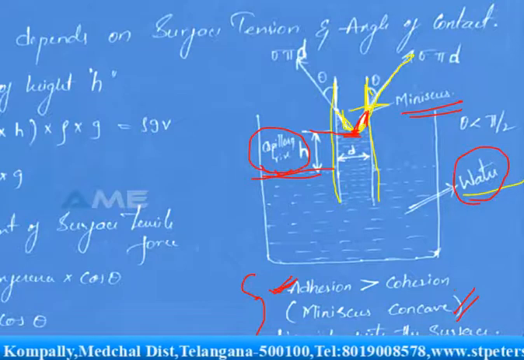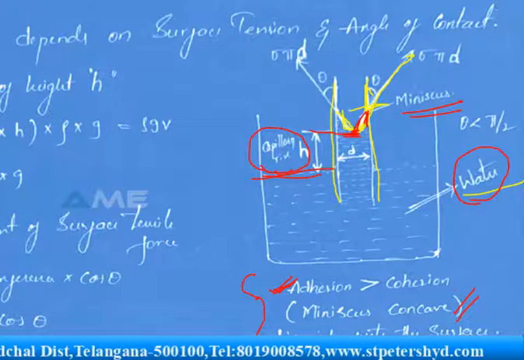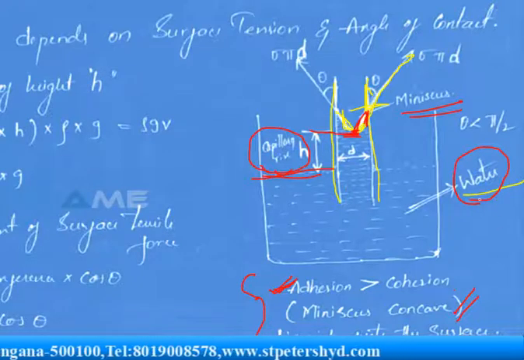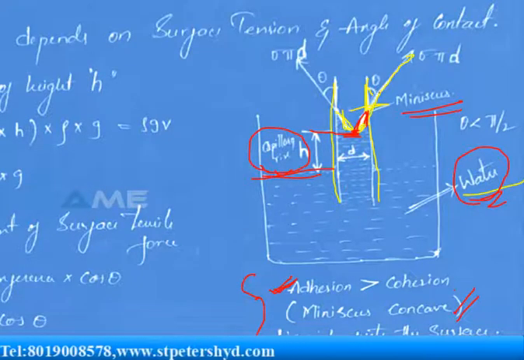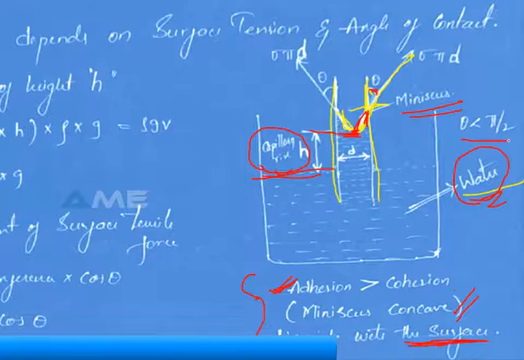And the next one is that the liquid wets the surface. That means water will wet the surface. And again, coming to this theta, this theta is equal to nearly 0, which is less than pi by 2, that means less than 90 degrees.